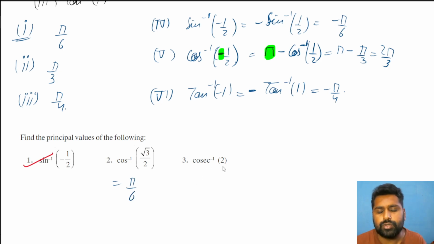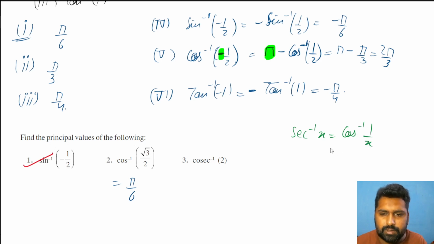Cosec inverse 2. If you get confused regarding this, you can use this also. Now I'll add some property here: sec inverse x is equal to cos inverse 1 by x. It's pretty much the same as sec theta being 1 upon cos theta.